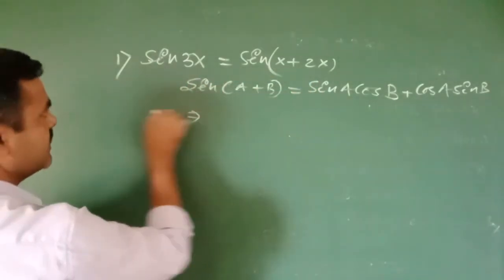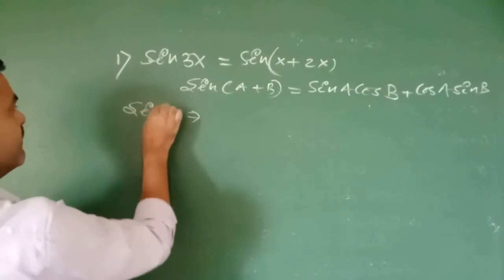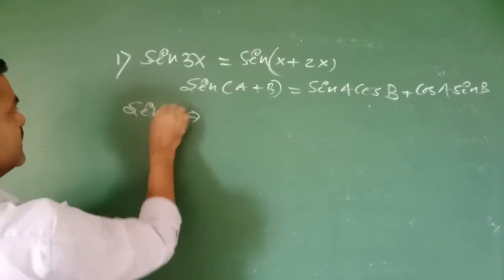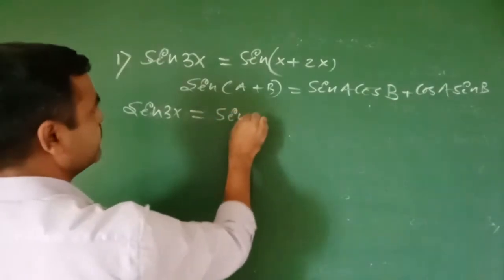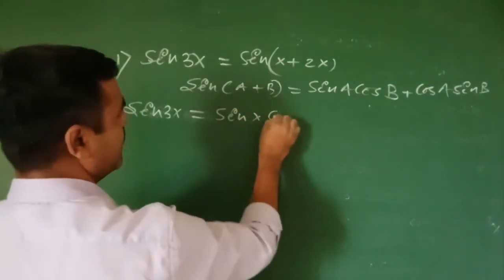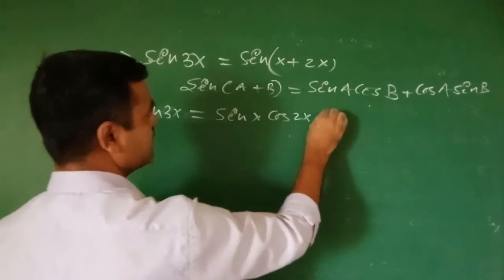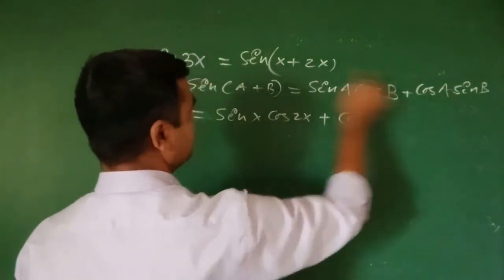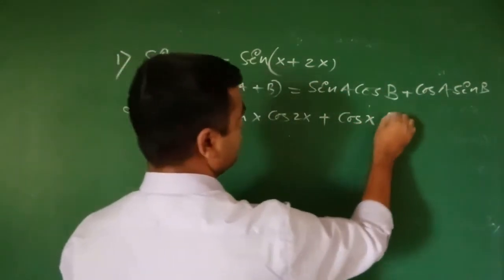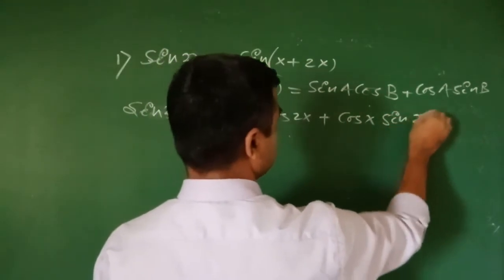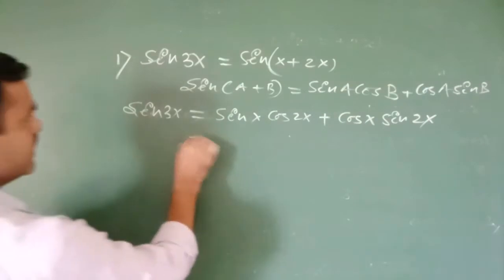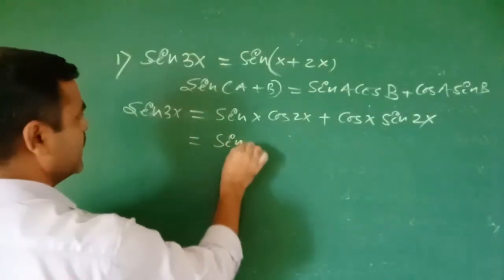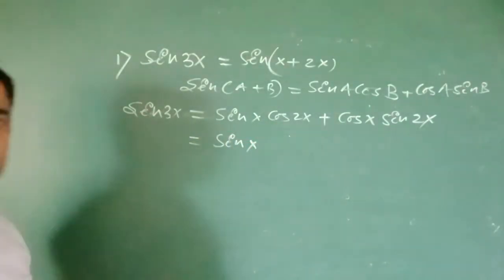So this sin 3x will be equal to sin x cos 2x plus cos x sin 2x. This is the identity. Now this one is sin x, and what is the identity of cos 2x?